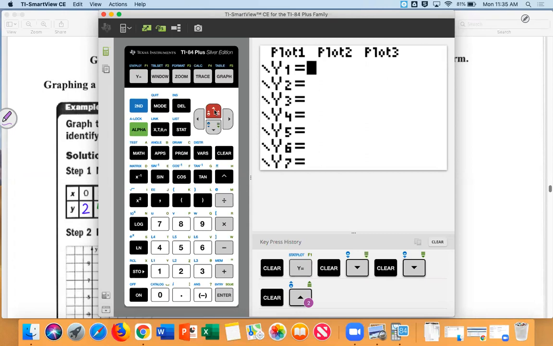Look in the problem. y equals 2x. Ready? Everybody hit 2, then the button next to the alpha that says x, t, theta, and n. Hit that, and an x pops up. It's in the upper left: y equals is in the top left, and then x, t, theta, n is a little below that.